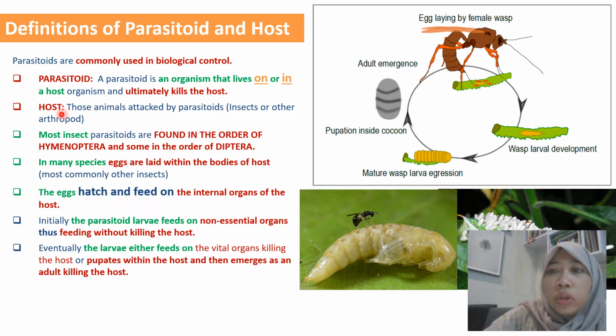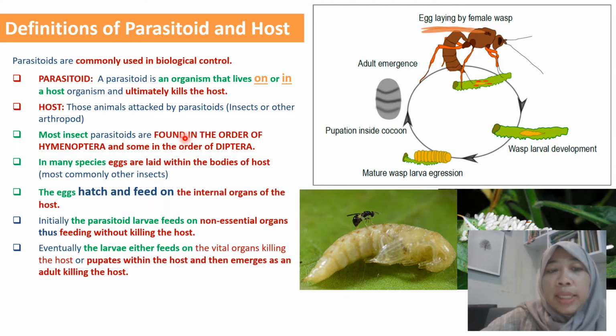And what is the host? Host is an animal that is attacked by the parasitoid. Commonly, the host is an insect or other arthropod like spiders. And most insect parasitoids are found in the order Hymenoptera and some in Diptera. But the highest number of parasitoids come from the order Hymenoptera.